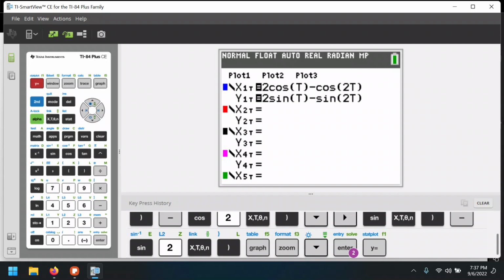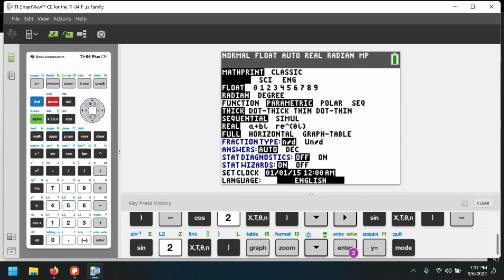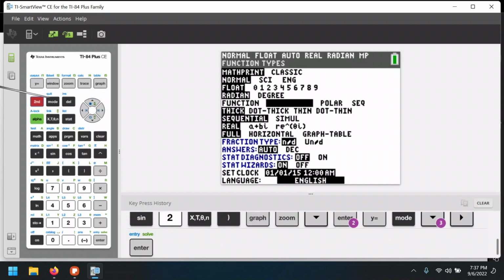Oh yes, sure. Maybe I went too fast on that one. You go to mode, and number 1, because we're working with trigonometric functions, make sure it's in radian mode. Just scroll down a few times until you get function, parametric, polar, or sequence. Make sure that parametric is highlighted, then click enter, and second quit.